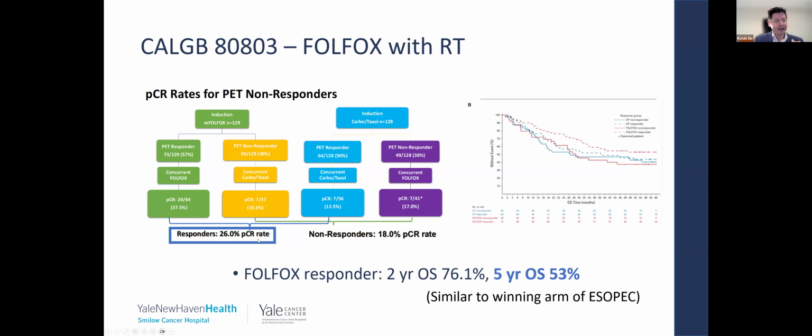And then also the PCR rate for the folks who responded to FOLFOX chemotherapy was significantly higher at 26%. So, I think that, again, this is kind of comparing two trials, which you're not really supposed to do.